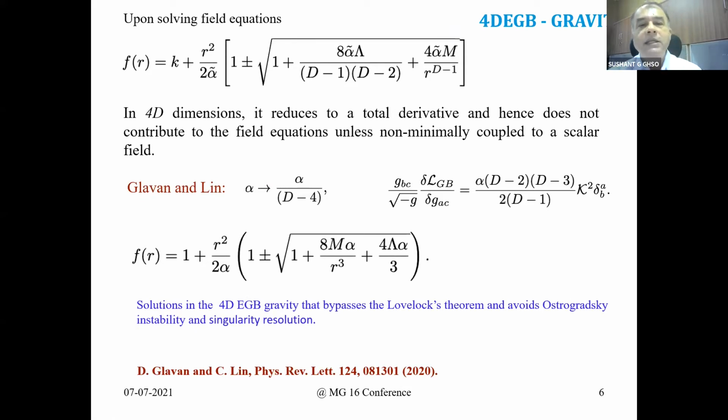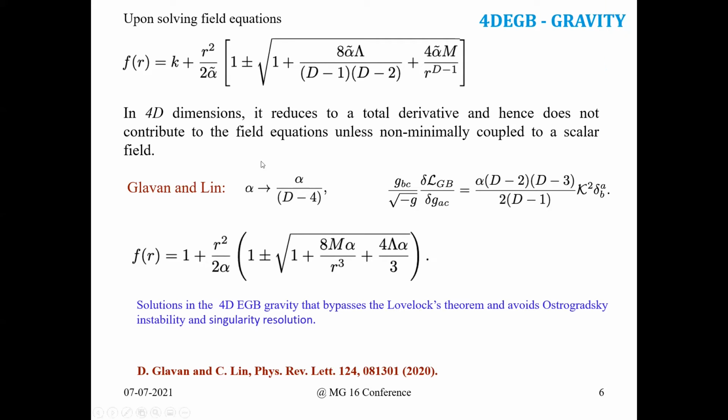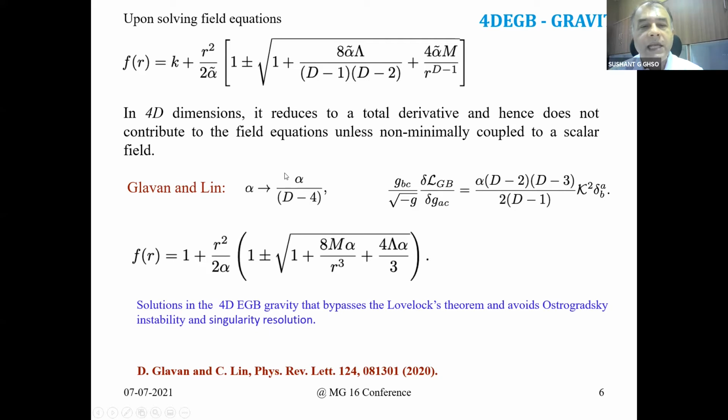Now, as I said, in 4 dimensions it reduces to a total derivative, hence does not contribute to the field equation. So what happened was that in 2020, Glavan and Lin proposed to make the Gauss-Bonnet coupling constant alpha upon D minus 4. Then if you vary the action, vary the L_GB, the D minus 4 which appears in the numerator goes away because of this singular transformation.